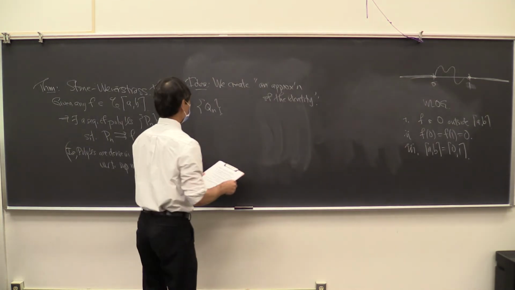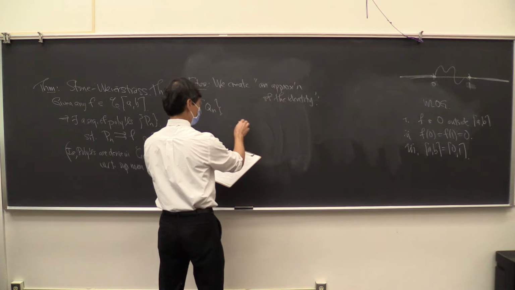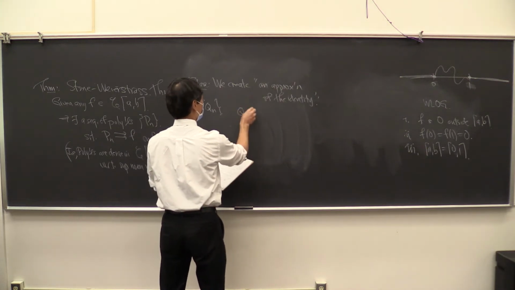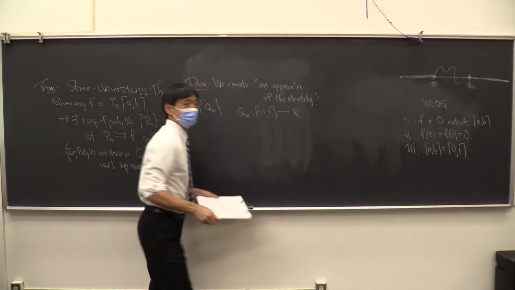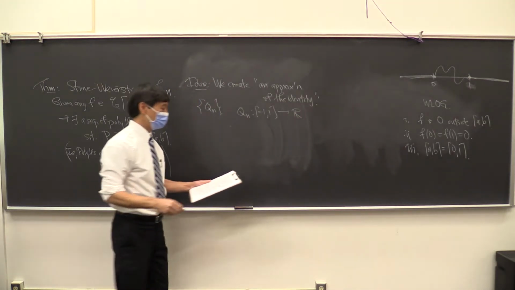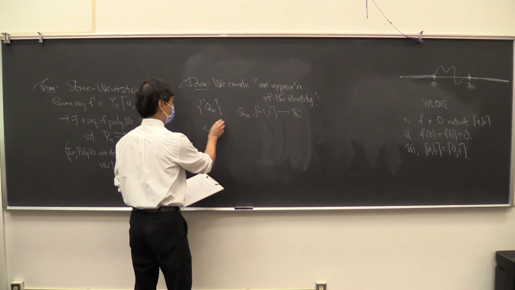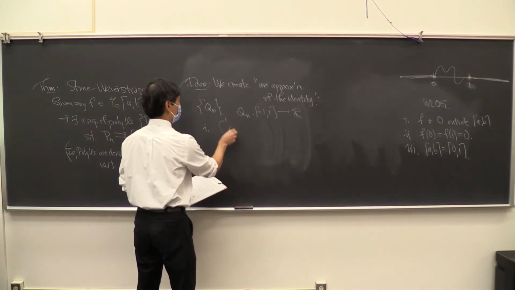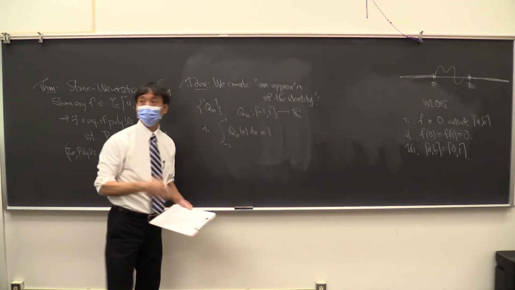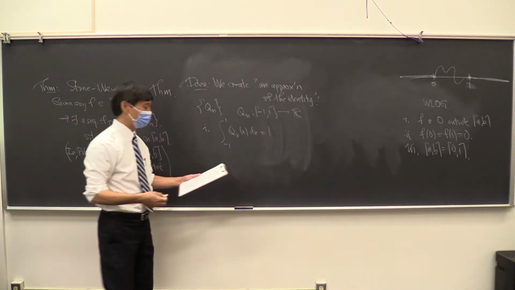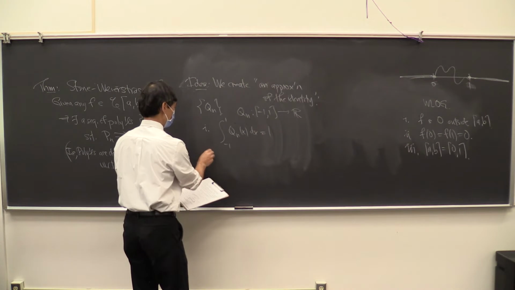These Q sub n are going to be real-valued functions on [-1, 1]. And we're going to construct them so that their integral is always 1. So the mass of the function is always 1.